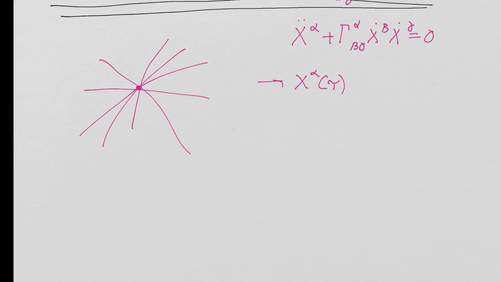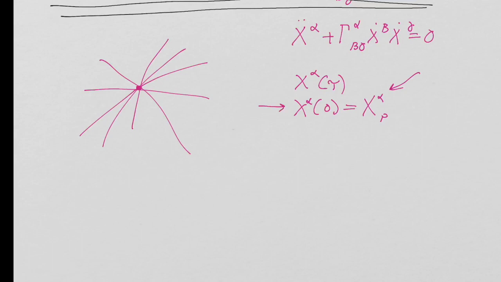Well, how do I fix it? How do I make the solutions of this unique? The only way to make a solution unique is to establish initial conditions. So I'm going to set x alpha when tau equals 0 to be the coordinates of P. So that's going to be x alpha of P. This is the coordinates of the point P, and this is the geodesic itself.